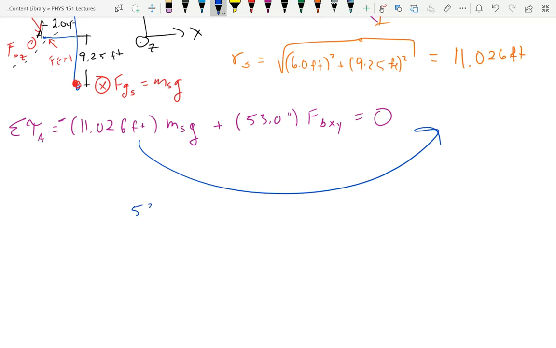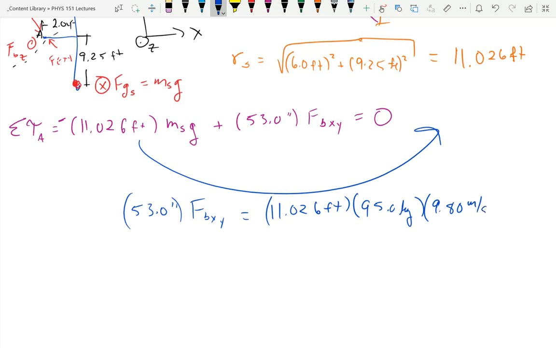I have 53.0 inches times force BXY equals 11.026 feet times the mass of the student, which was 95.0 kilograms, times g, 9.80 meters per second squared. Well, to get FBXY, I just have to divide everything by 53.0 inches.